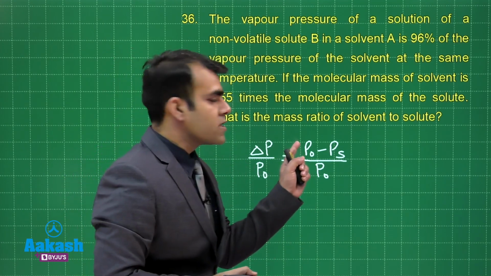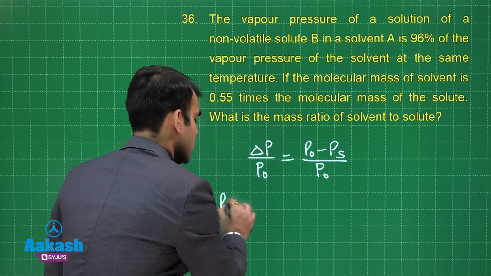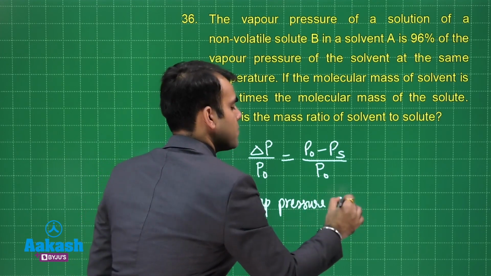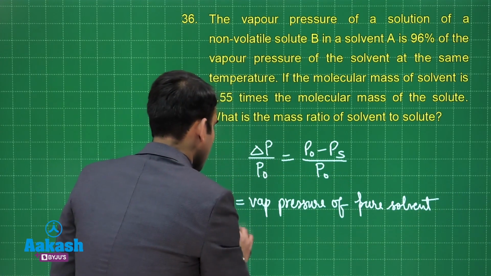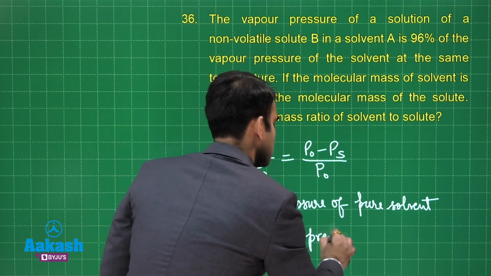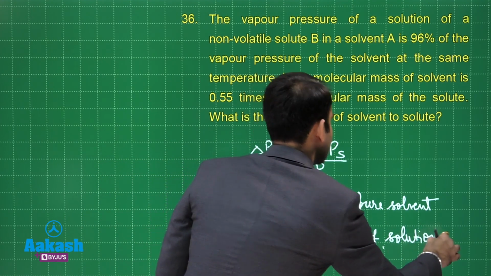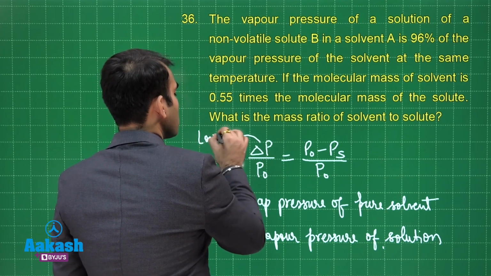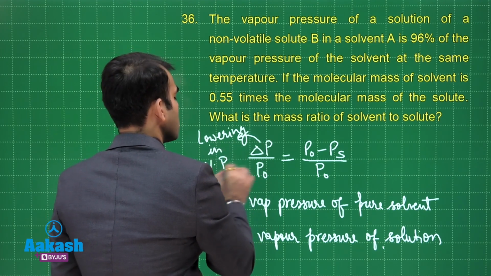Now here P naught is the vapor pressure of pure solvent, Ps is the vapor pressure of solution, and delta P is the lowering in vapor pressure.